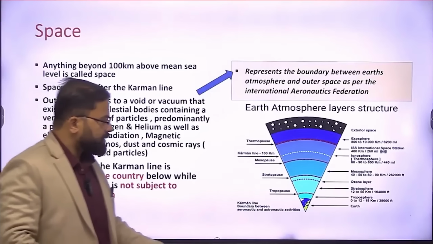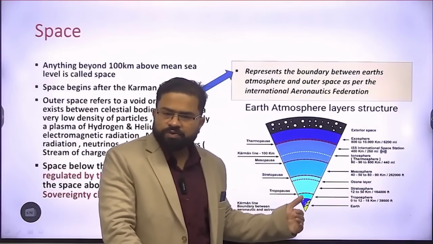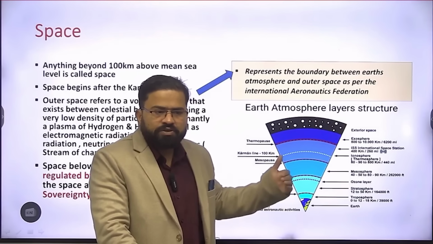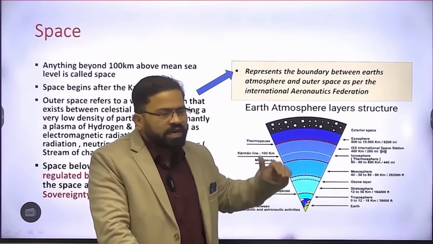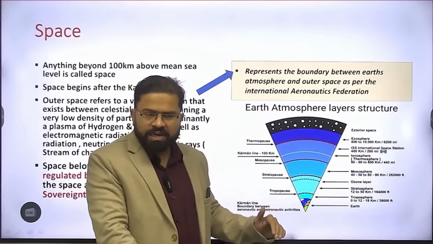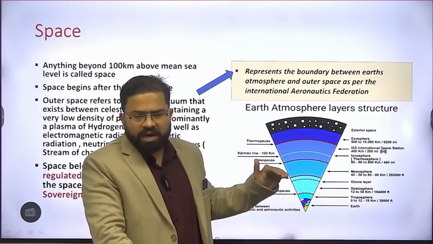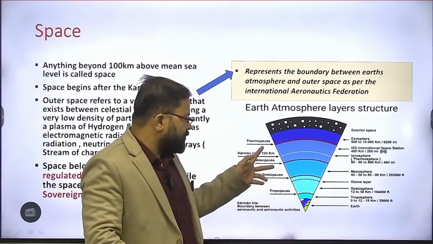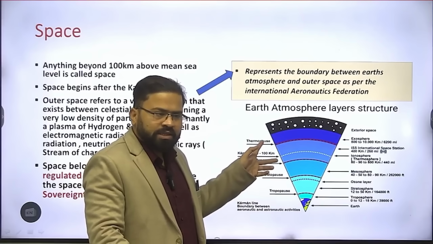Now, these are the different layers of the atmosphere: troposphere, stratosphere, mesosphere, thermosphere, and exosphere. But when you talk about the Karman line, it lies at 100 km from the Earth's surface. That means it lies in between the mesosphere and thermosphere.